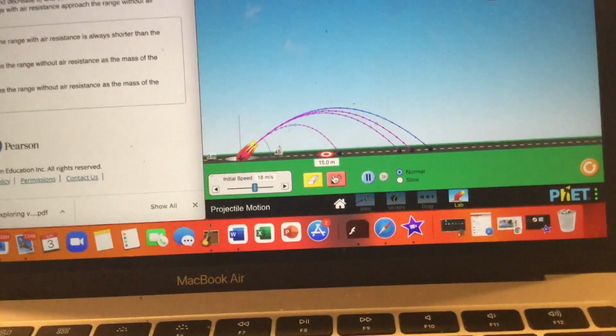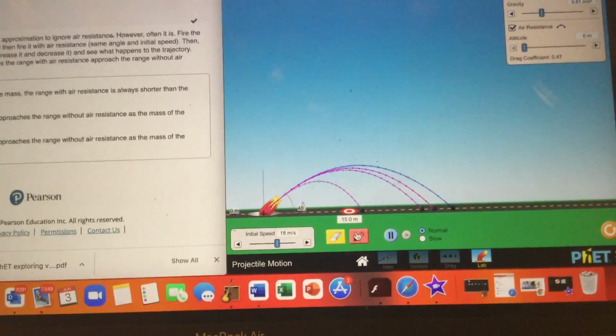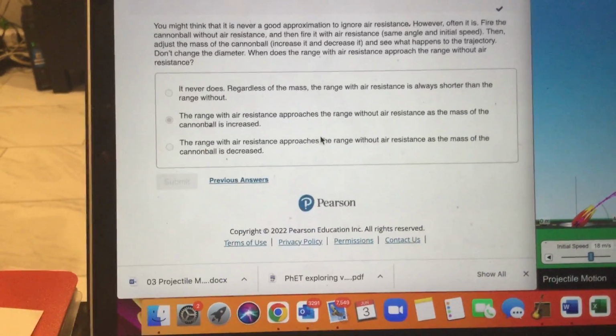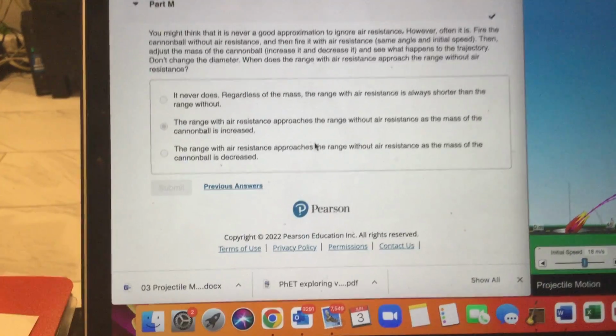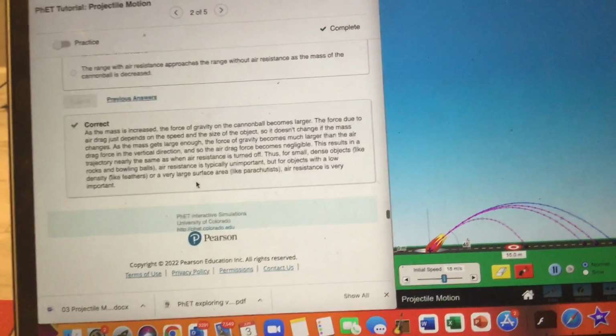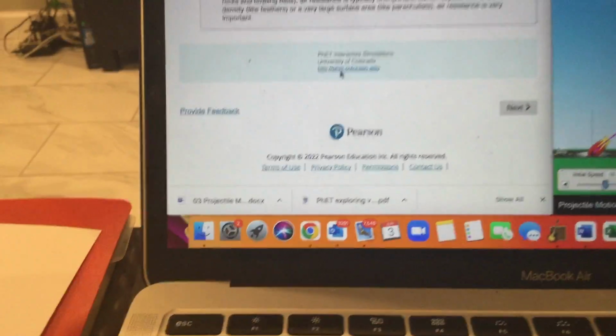And we can see that it approaches the trajectory of the projectile without air resistance, which is what we get. The range with air resistance approaches the range without air resistance as the mass of the cannonball increases. So that has been question 2, test 3, problem 2, and have a nice day.